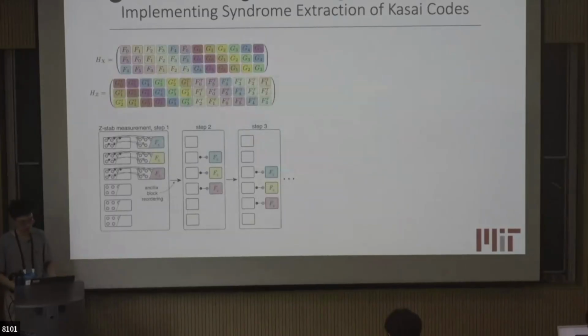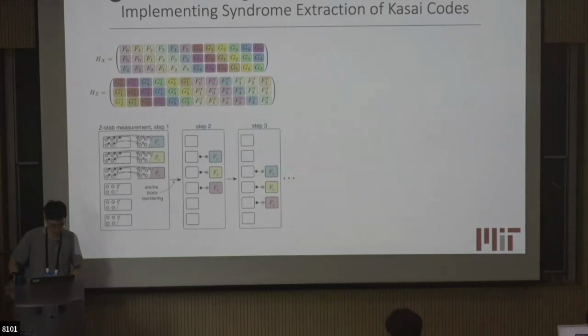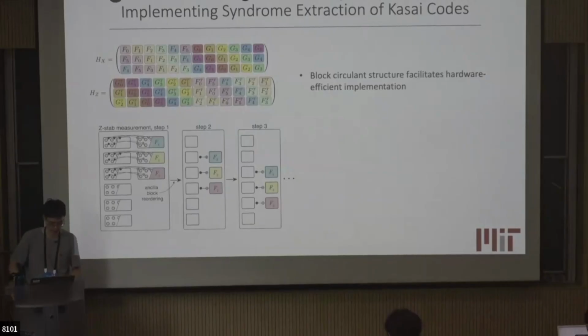When thinking about the implementation of Kenta's codes, we started looking at these structures and tried to design it in a way that's suitable for implementation. So the first thing to notice is that there's a block circulant structure here, right? You see that these diagonals all have the same operation. So that's, of course, something that you can very naturally do.